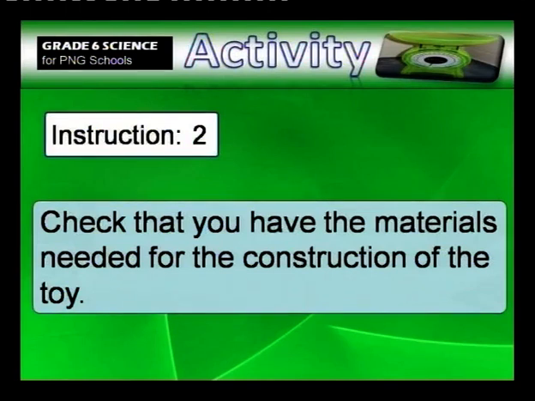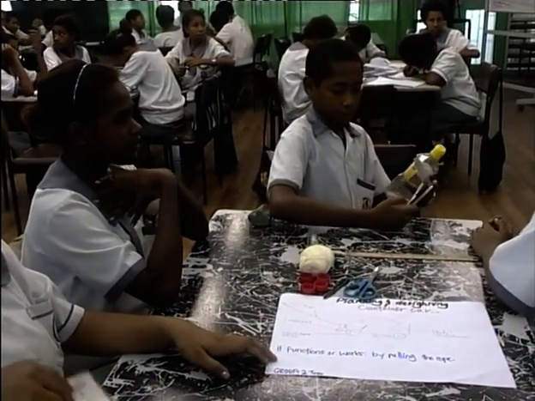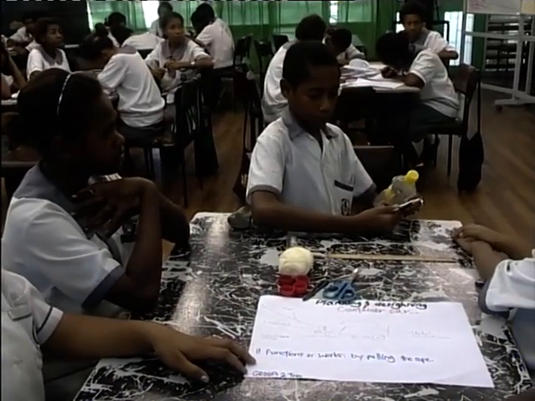The next instruction, instruction number 3, you will construct a simple toy and demonstrate how it works. So after studying the diagram and checking all the materials, by now you will construct a simple toy and you will demonstrate to the class how it will be working. Are we following, receiving students and 6C? Okay, very good.